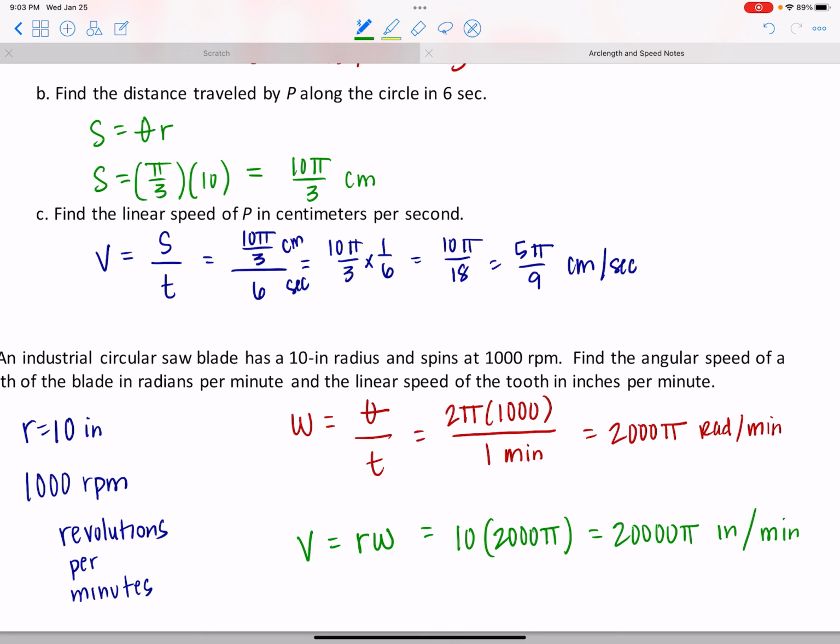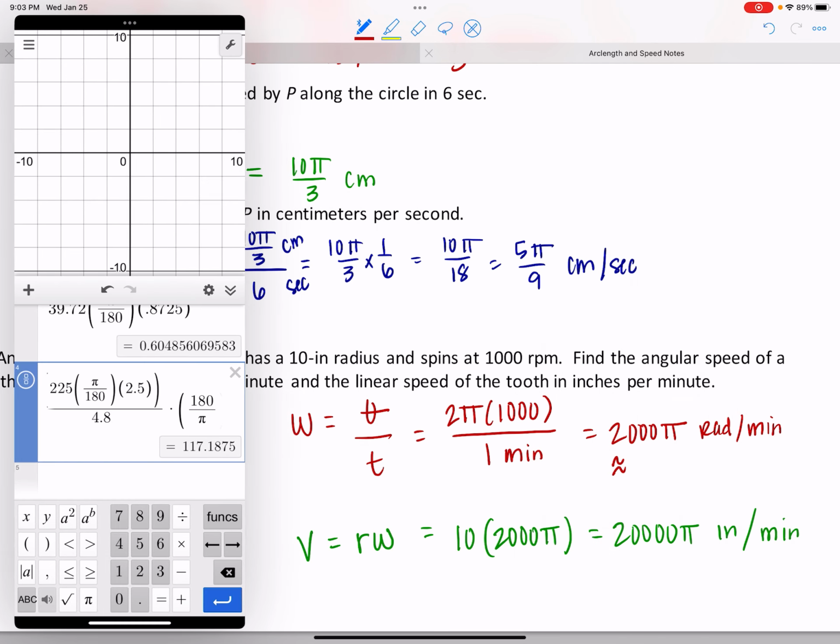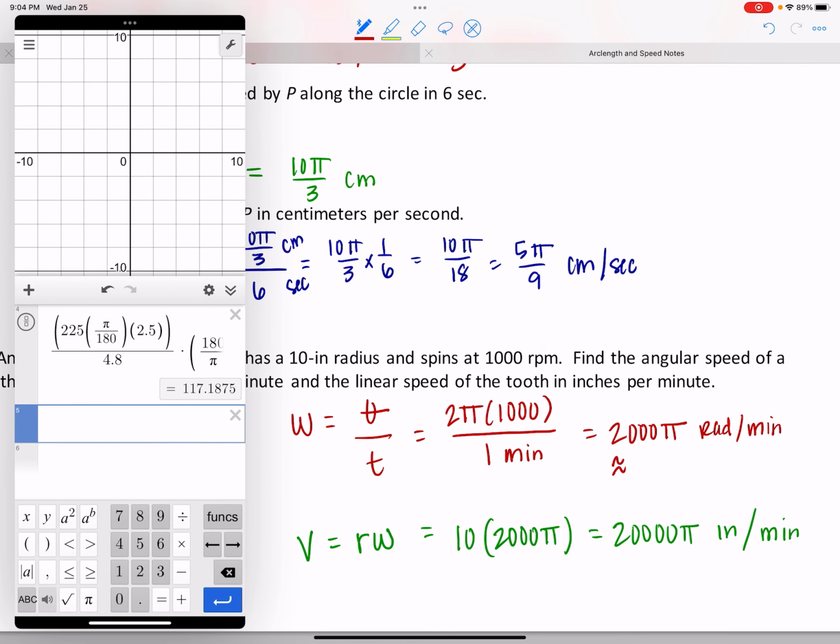Alright, and again, both of those are things you should be able to approximate with the calculator. I guess I could take a second to do that here. So let's say this one's going to be approximately, calculator. Sorry if I'm freezing, my pen's not working. Luckily I can use my finger for the calculator. Okay, so 2000 pi, 6,283.19-ish.